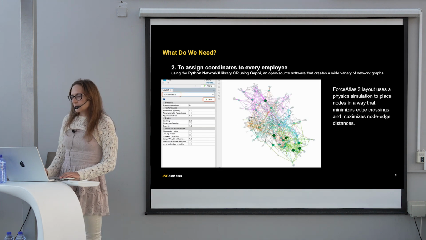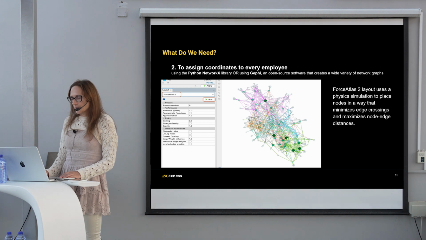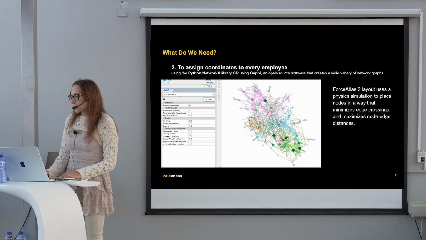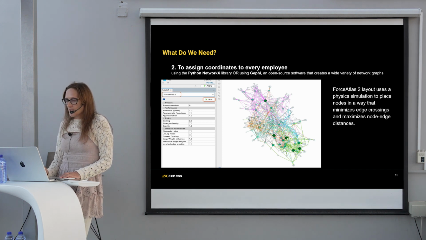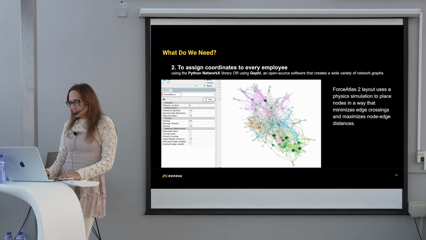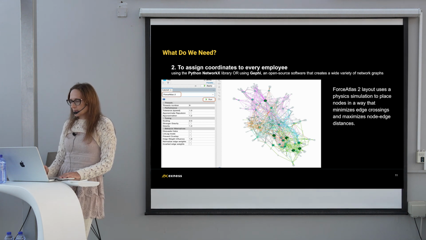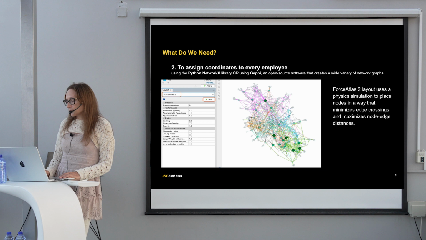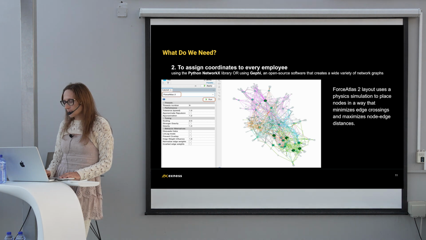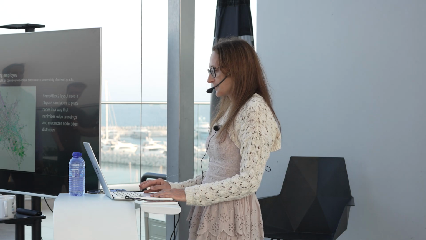The second thing that we need is to assign coordinates to every employee. We use Gephi, open source software that creates a wide variety of network graphs, and we can get these coordinates quickly. We chose the Force Atlas layout, which uses a physics simulation to place nodes in a way that minimizes edge crossings and maximizes node-edge distances.